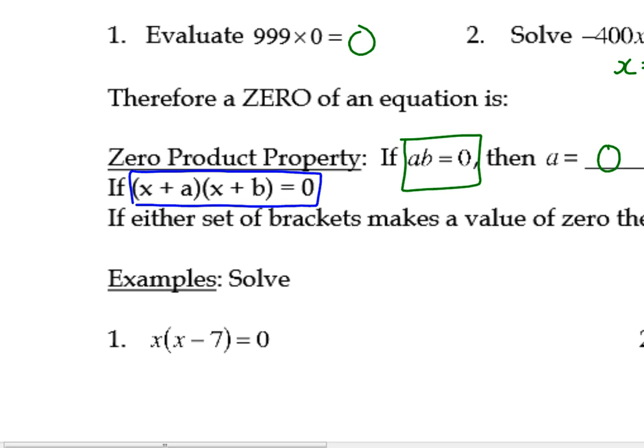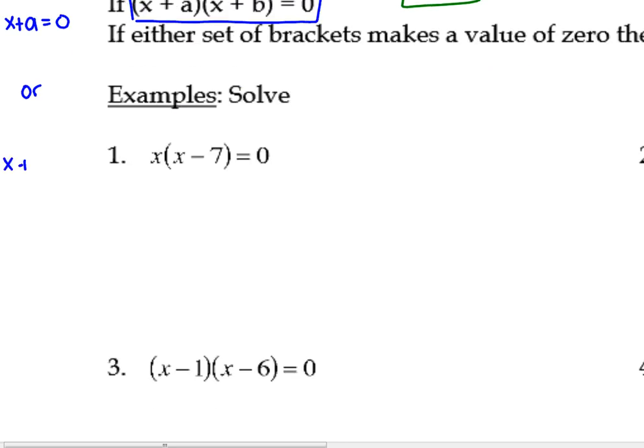That means that either, would you agree, that if this product is equal to 0, either x plus a equals 0 or x plus b equals 0? Or could it be both? It could be both. Either they're both equal to 0, and that usually is the case if they're the same.